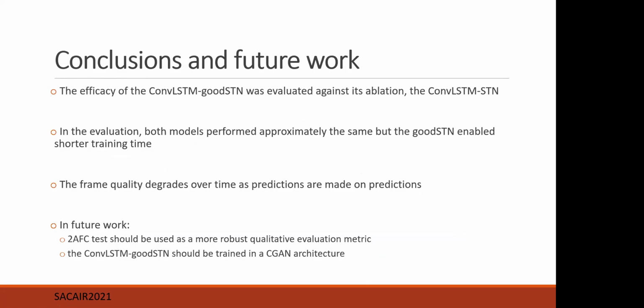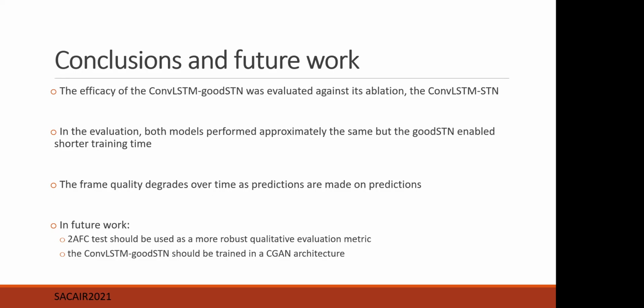Okay, so conclusions and future work. We basically tried to test the efficacy of the convolutional LSTM good STN against its ablation. Both models performed approximately the same on both evaluation metrics, but the good STN enabled a shorter training time.